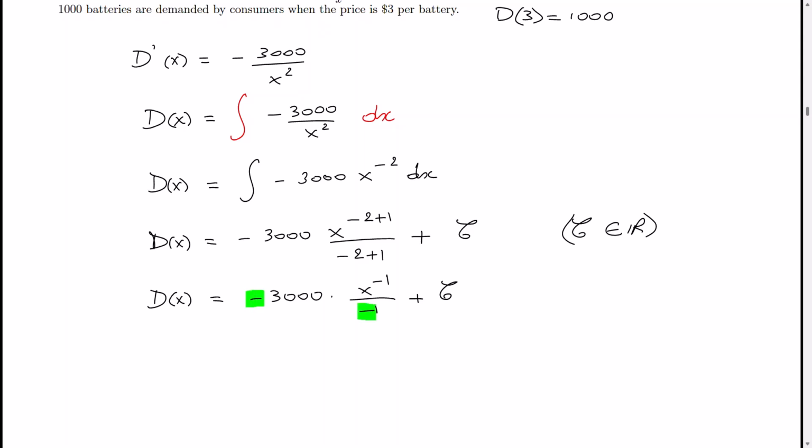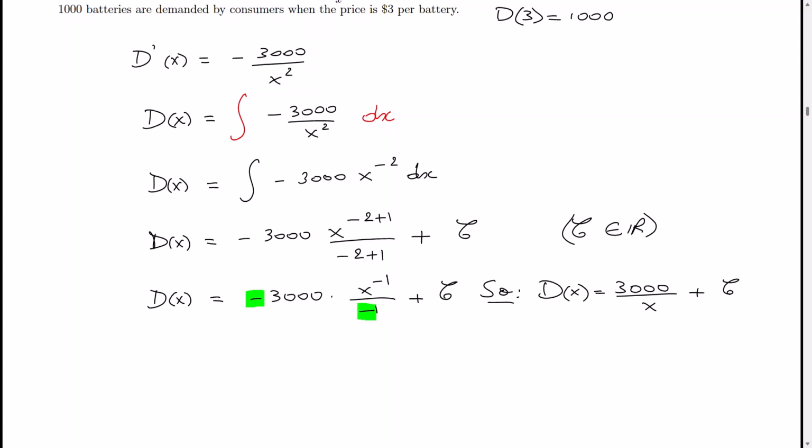That's kind of confusing. So I'm just going to ignore the double negative and write it down as a positive sign. So the demand function is going to be 3,000, and I could ignore the minuses at this point. And really, x has a negative exponent. If you want, we can write it underneath the 3,000. And finally, put the plus C constant of integration.